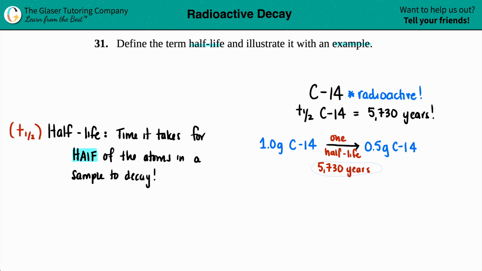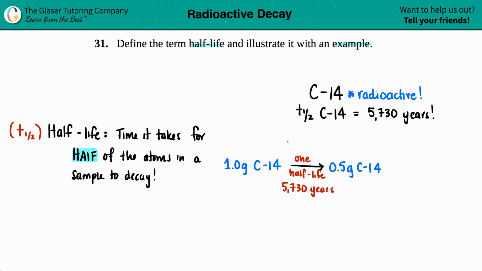But now here's where the misconception usually comes in, what happens moving forward. A lot of students might say the next half-life takes you to 0 grams, because they still think in terms of the 1 gram. You got 0.5 and 0.5, so the next one should be 0.